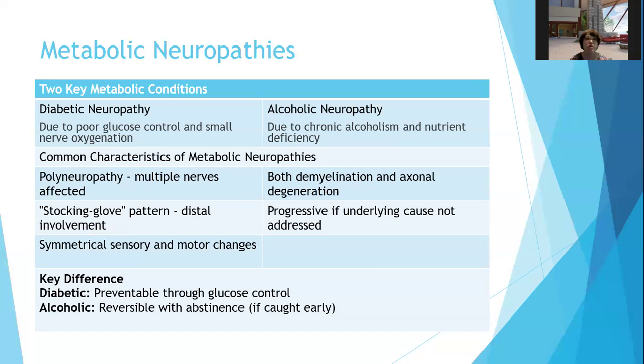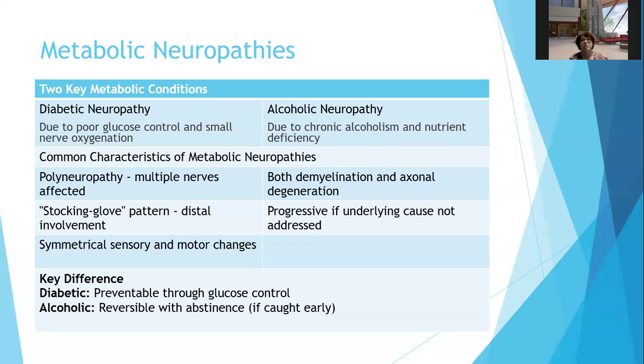They both have polyneuropathy, so it affects multiple nerves. It occurs in what they call a stocking glove pattern, where the distal involvement is first, like a glove or a stocking, and there's symmetrical sensory and motor changes. They both include demyelination and axonal degeneration, and both are progressive if the underlying cause isn't addressed.